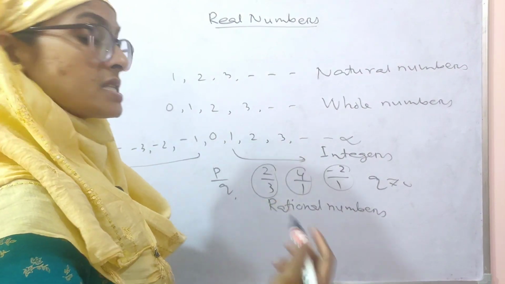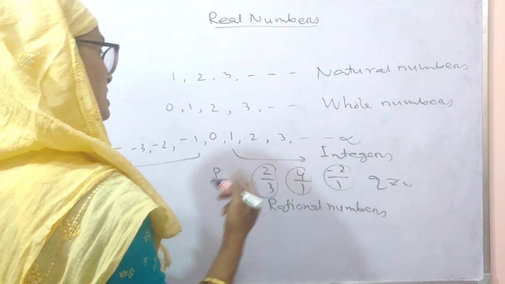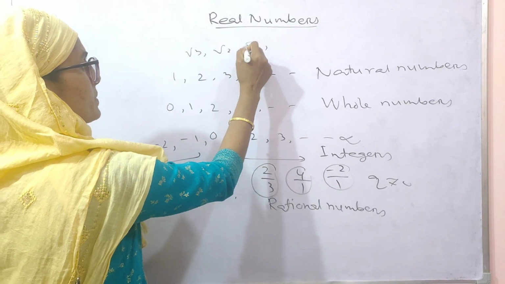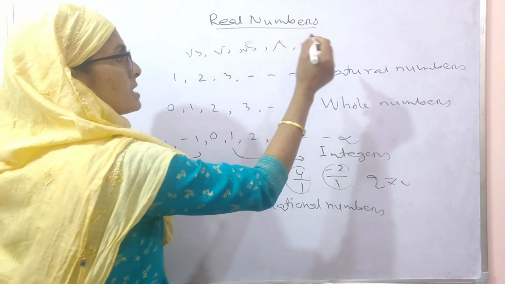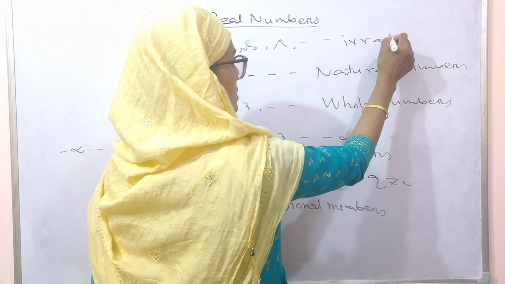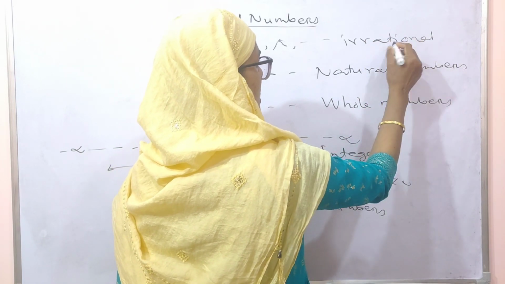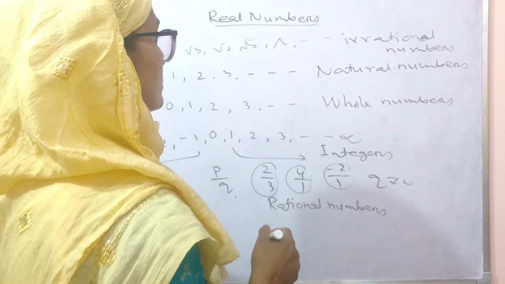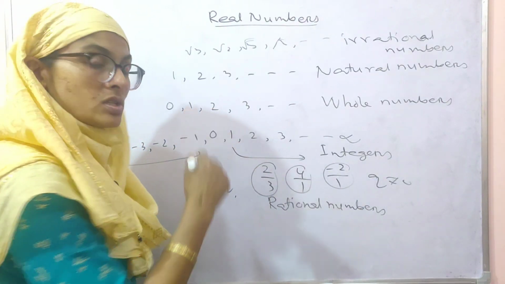And those which are not rational are irrational numbers. Irrational numbers are root 3, root 2, root 5, pi. These are irrational, which are not rational. You have already learned this in class 9 also.